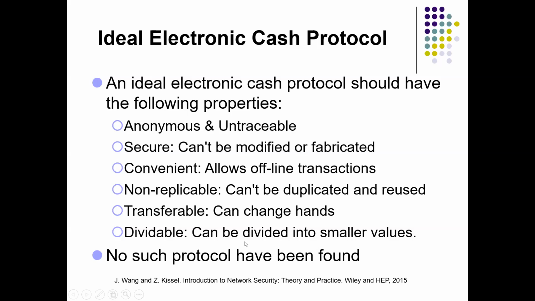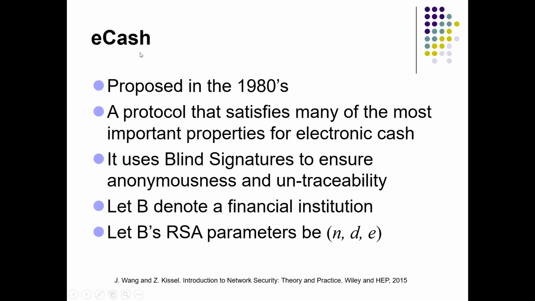And the last one is dividable. It can be divided into smaller values. So these are ideal properties of an electronic cash protocol that we really would like it to have. Unfortunately, at this time, we don't have any protocol that can provide all of these properties. So what we are going to look at is a protocol named eCash.